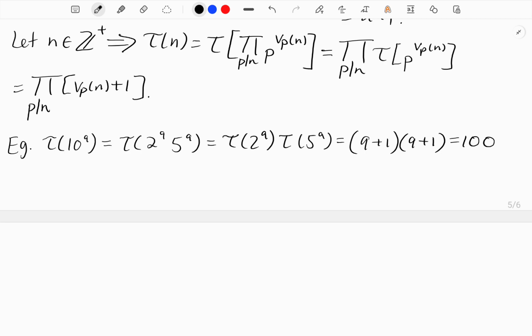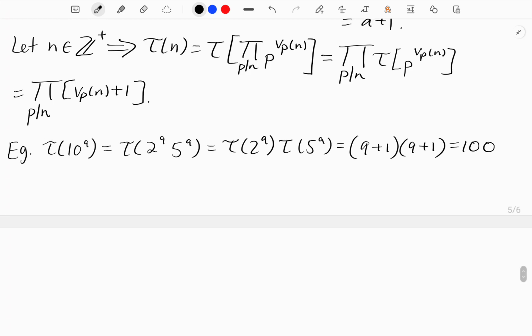The exponent for 2 can range from 0 to 9, which is 10. And the exponent for 5 can also range from 0 to 9, which is 10. So for each exponent of 2 you choose between 0 and 9, you can choose 10 exponents for 5 that also go from 0 to 9. So 10 times 10 is 100. But nonetheless, we can use multiplicative functions to figure out the formula for tau as well.